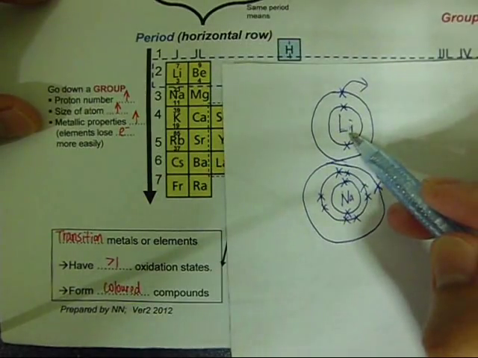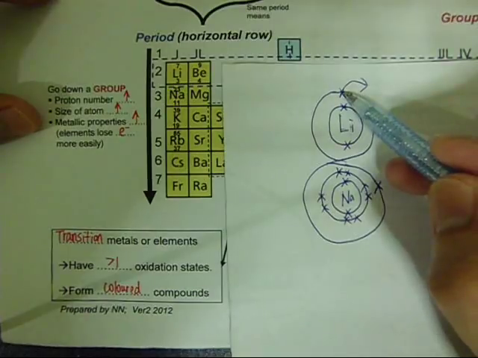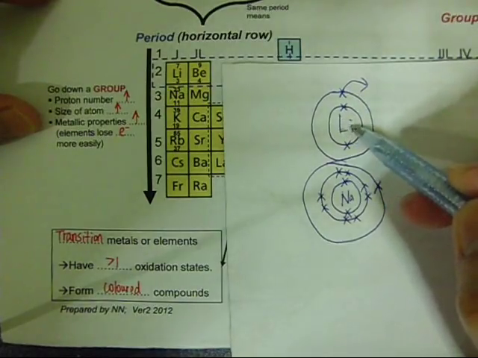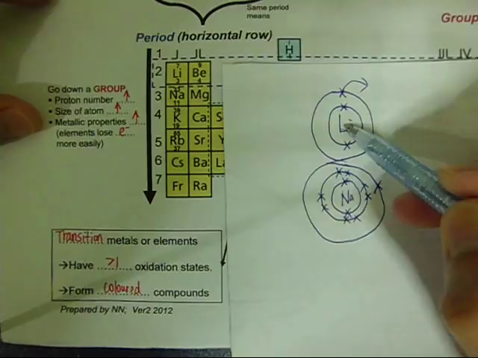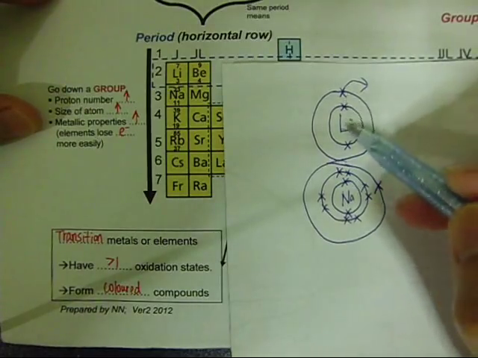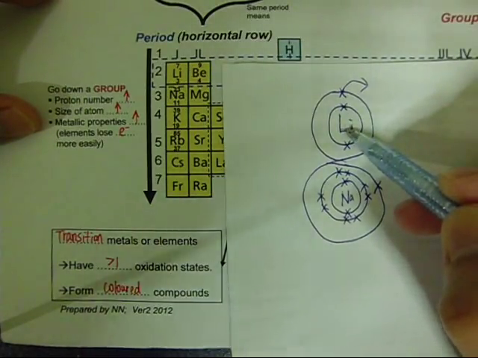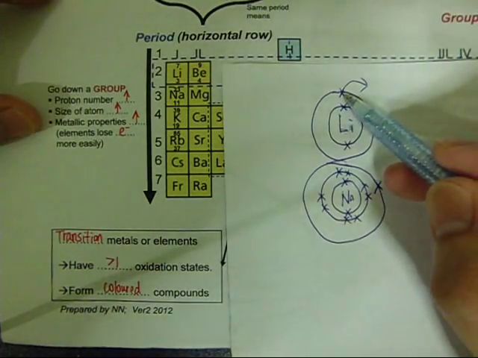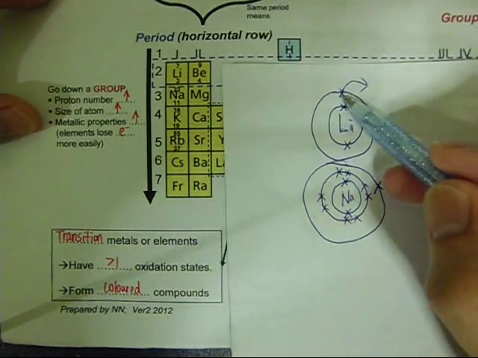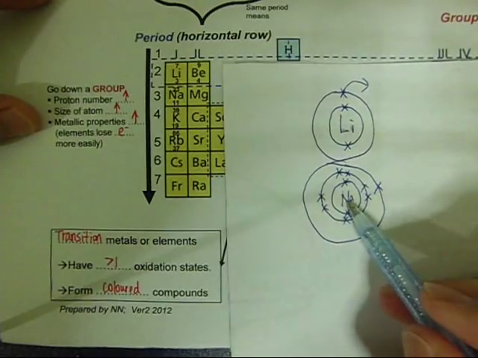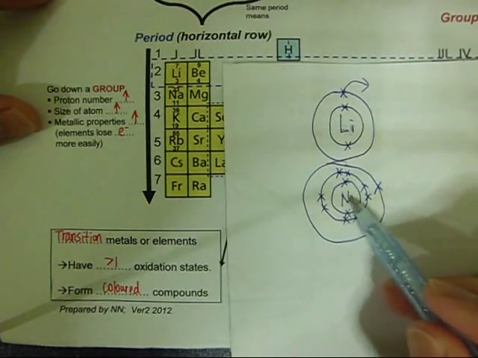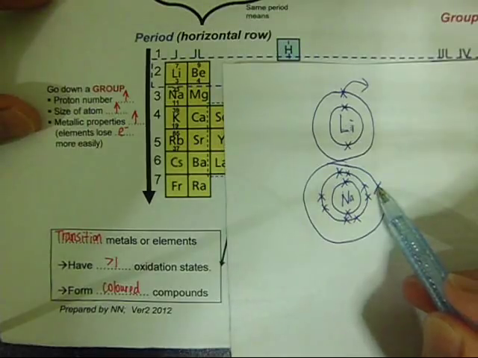For lithium, the valence electron is at the 2nd electron shell, so it is closer to the nucleus, meaning that the attraction forces between the nucleus and the valence electron are stronger as compared to the attraction forces between this nucleus and this valence electron.